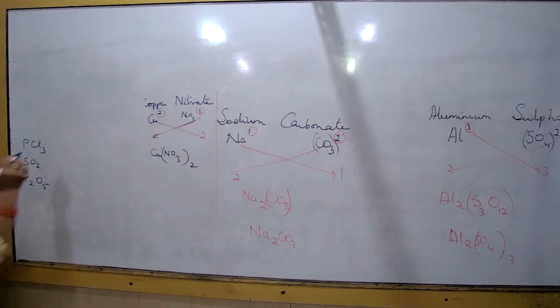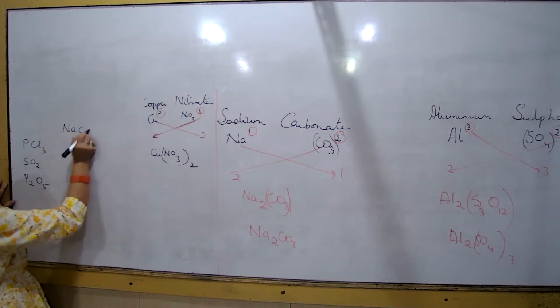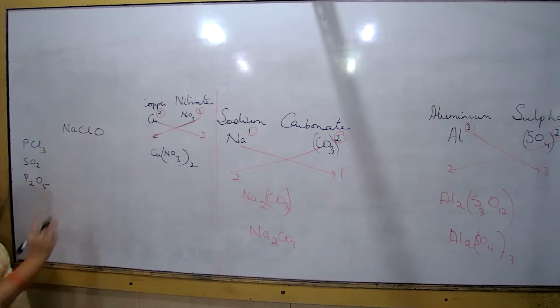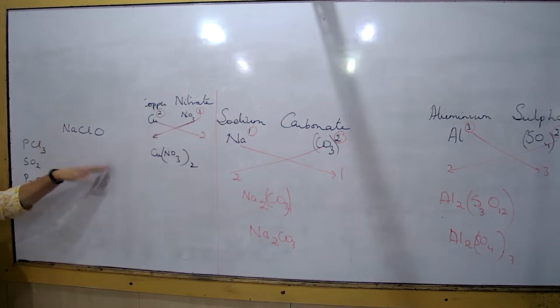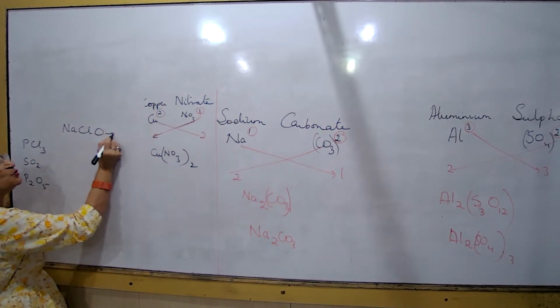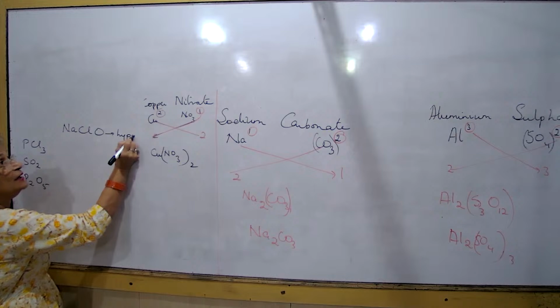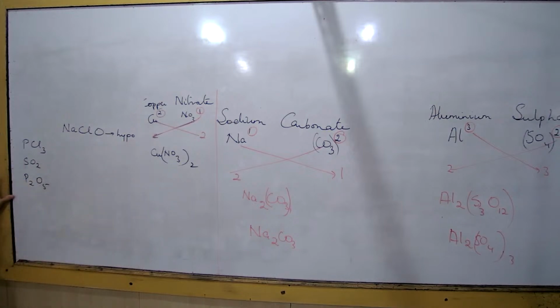Now, suppose you have got 2 elements and there is 1 oxygen in there. Suppose you've got sodium, NaClO, only 1 oxygen. There's a metal, there's a non-metal, but oxygen is a key factor. If it's 1, it's called hypo. Hypo means 1. So it will be sodium hypochlorite.